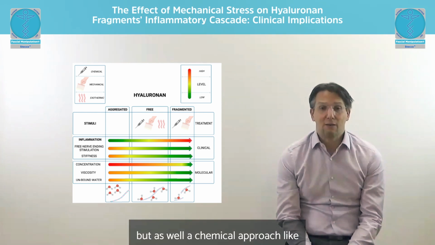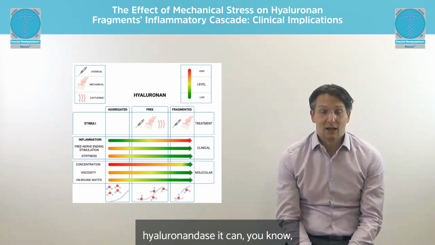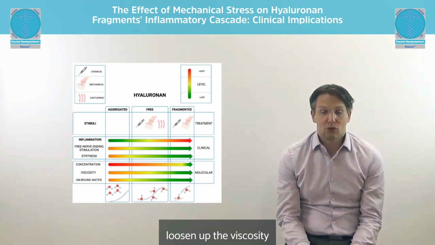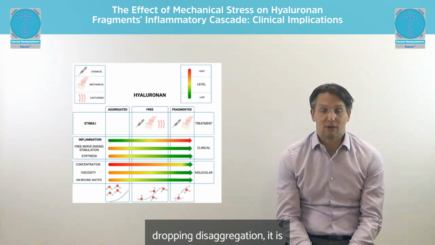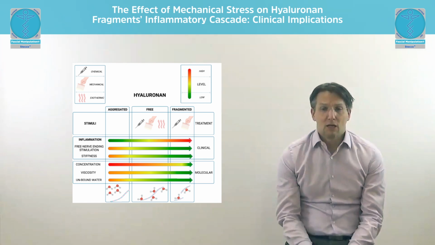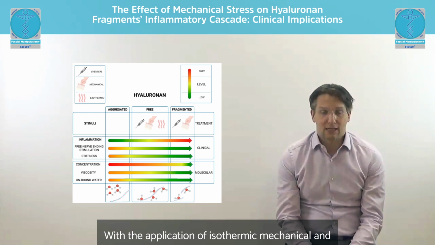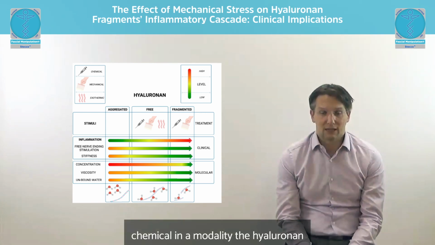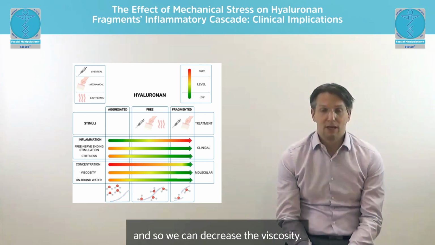As well, a chemical approach with hyaluronidase can loosen up the viscosity, causing disaggregation. And this was also proven with manual therapy, like fascia manipulation. With the application of exothermic, mechanical and chemical modalities, the single chains can separate, and so we can decrease the viscosity.